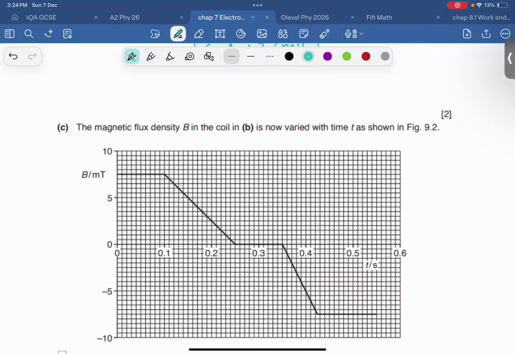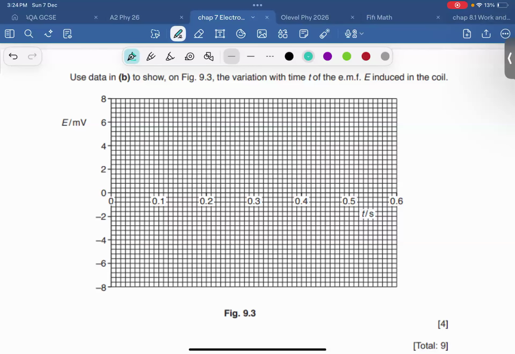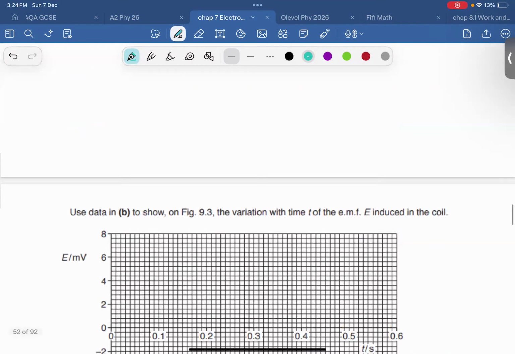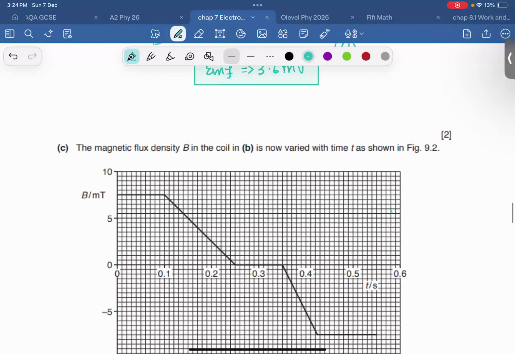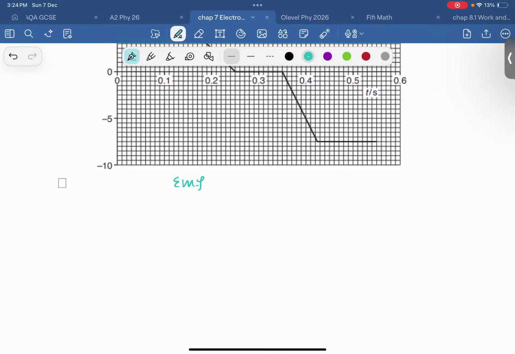They have given the magnetic field graph, and they're asking you to use the data to show the induced EMF graph. Now you have all the vertical axis values given, so in the graph you have to be very precise. If you relate the formula, EMF equals BAN over t, you can see that the rate of change of magnetic field brings the EMF.